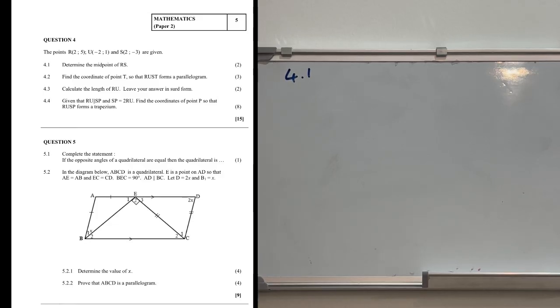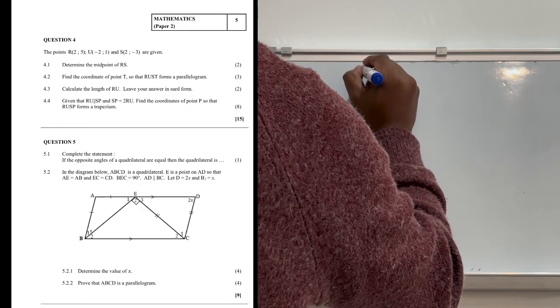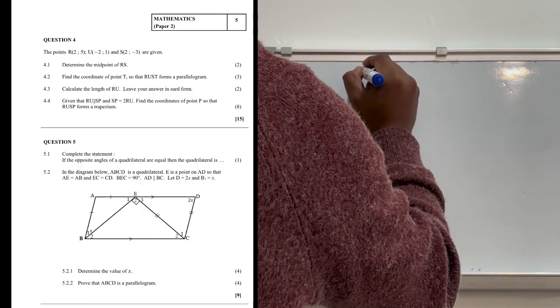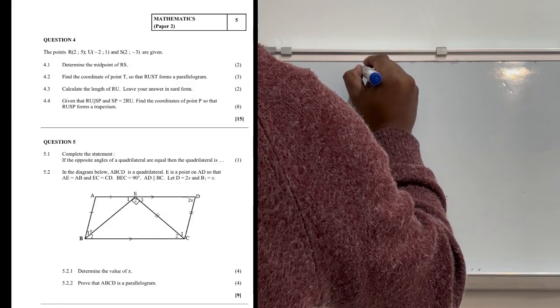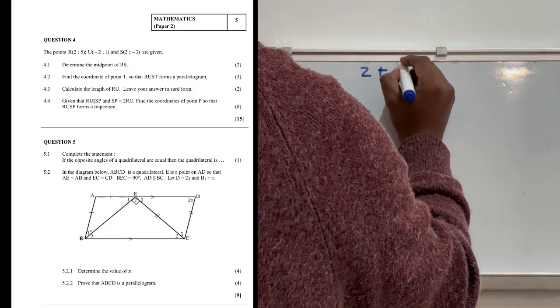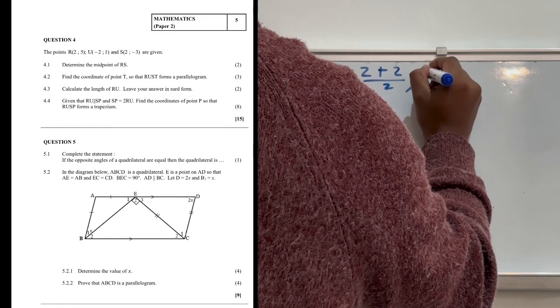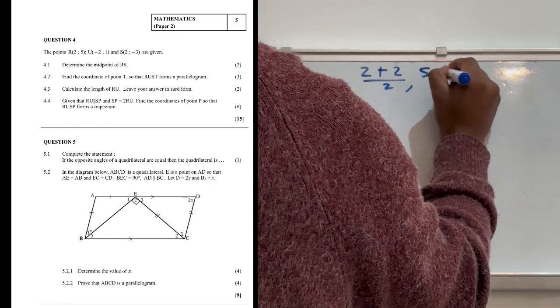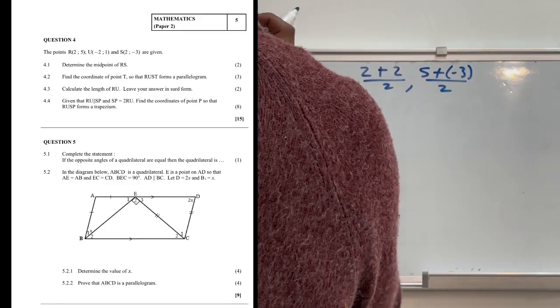So they say question 4, determine the midpoint of R and S. We say that is basically (x1 plus x2) over 2. So that is going to be between R and S, so that is 2 plus 2 over 2 and 5 plus minus 3 over 2.